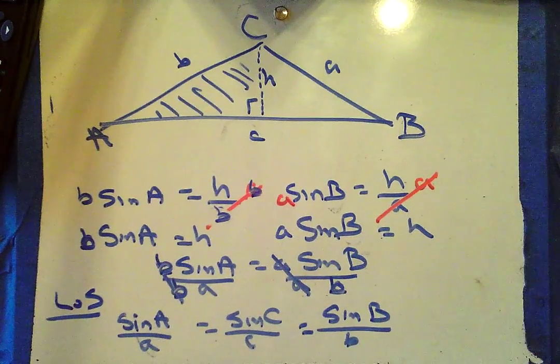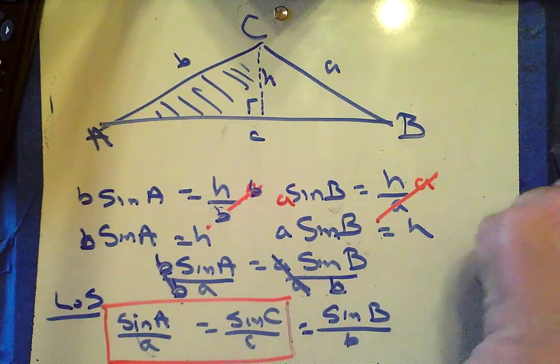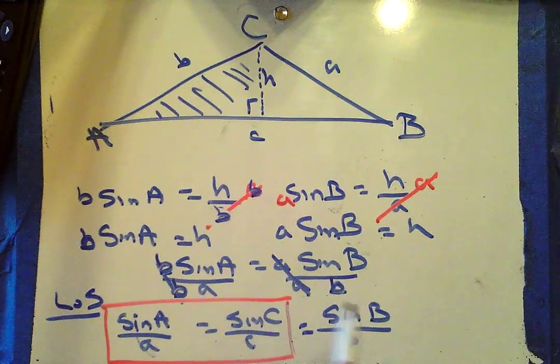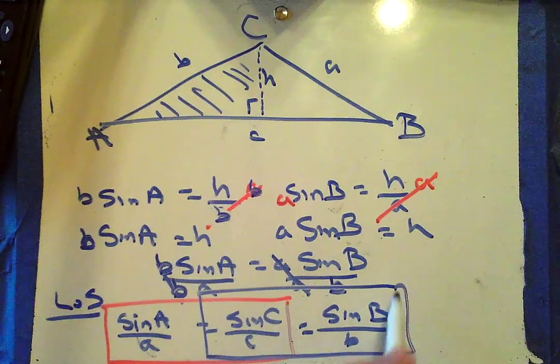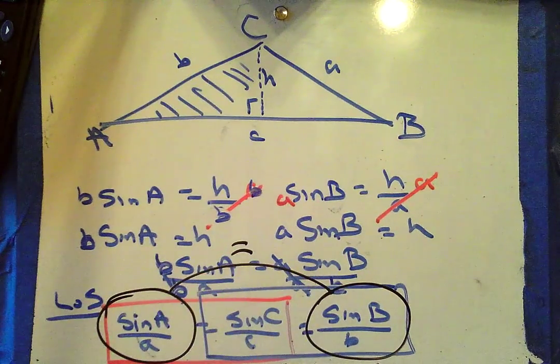And now some students want to use all three of these statements. We're never going to use more than two. You'll either be using these two, or you'll be using these two, or you'll be using this one equal to this one. How do I know which one I'm using, Mr. Cooper? Well, the answer will be what information are you given in the problem?